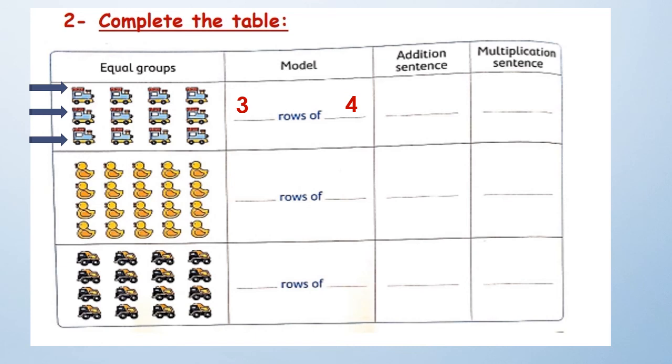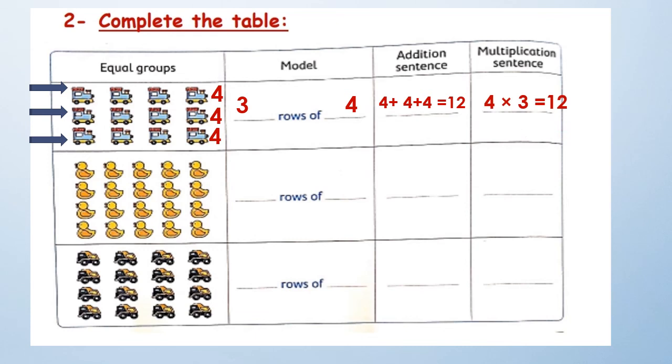The addition sentence here, I will write it as 4 plus 4 plus 4, which equals 12. And the multiplication sentence here, as we know, 4 is repeated. Repeated how many times? Repeated 3 times. So I will write 4 by 3 equals 12.